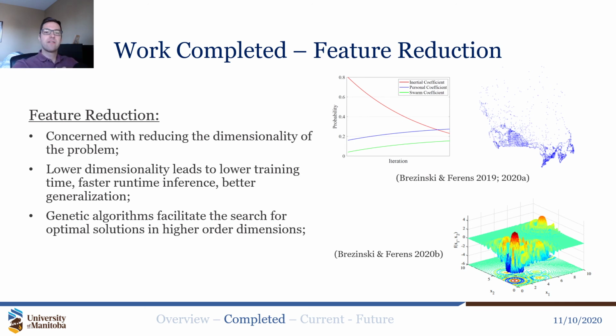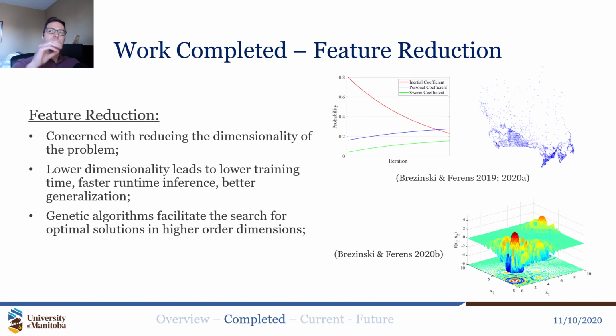So a lot of the work carried out in the past year was looking at better ways to find optimal solutions in very high-order solution space. Because we can't take a million dimensions and try every single one, right? It quickly exceeds polynomial time in terms of runtime complexity.